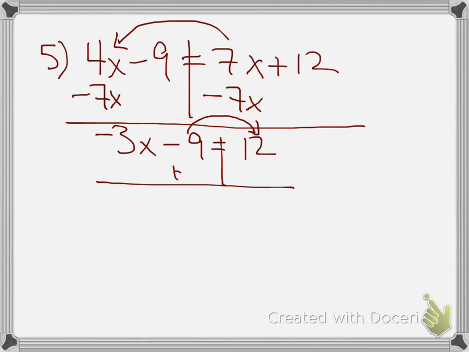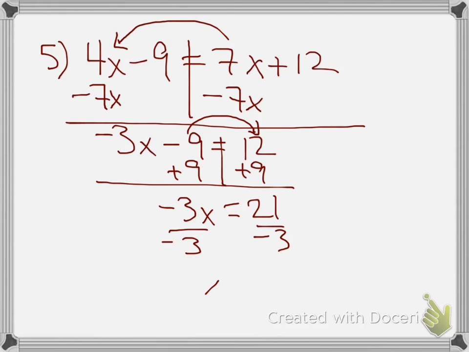That becomes positive 9, plus 9, plus 9. I've got negative 3x is equal to 21. Then I can divide by negative 3 and get x equals negative 7. And again, there we have it for number 5. You can see the same consistent pattern. I'm not changing up anything.